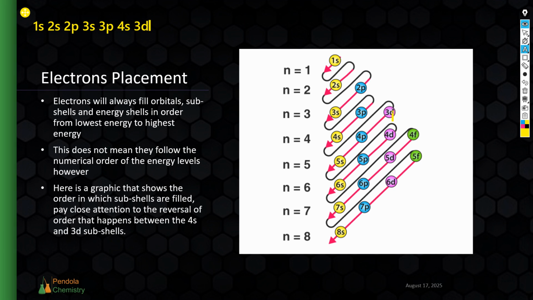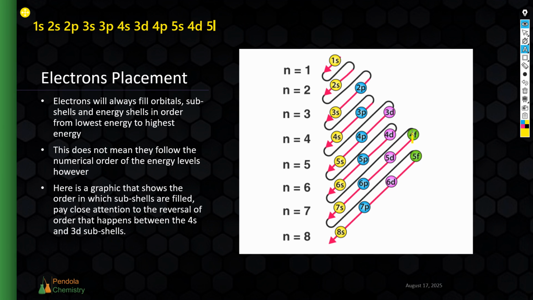So notice, we go from a larger energy level to a lower one. And then after 3d, we go back to 4p. And then we keep going up, 5s, before we drop yet again from 5s to 4d.